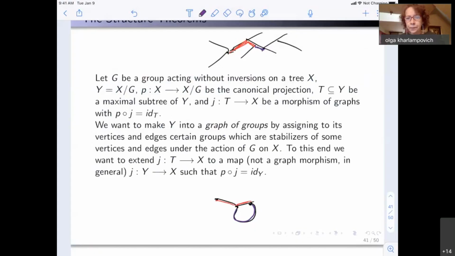And then basically what we're saying is that if the group acts on a tree, then we take these points P, Q, R. Then this is the stabilizer of P, the stabilizer of Q, the stabilizer of R.